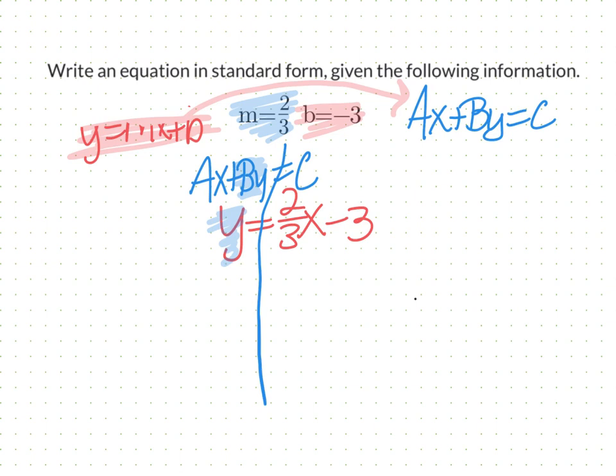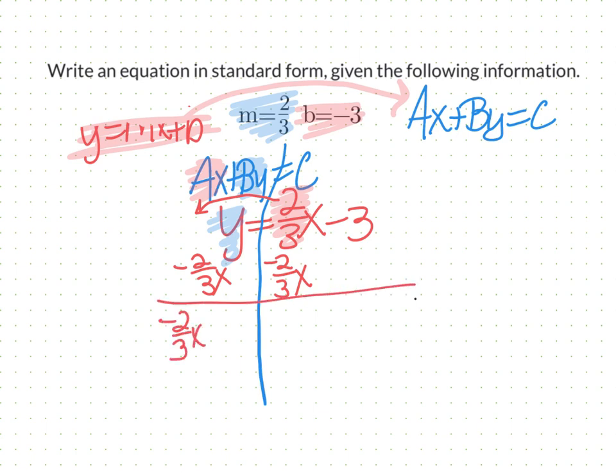Now here, I have my a over here. So I need to move my a over, and how I do that is the opposite. So I'm going to take negative 2/3 x, because it's positive, and subtract 2/3 x over here. So I have negative 2/3 x plus y equals negative 3.